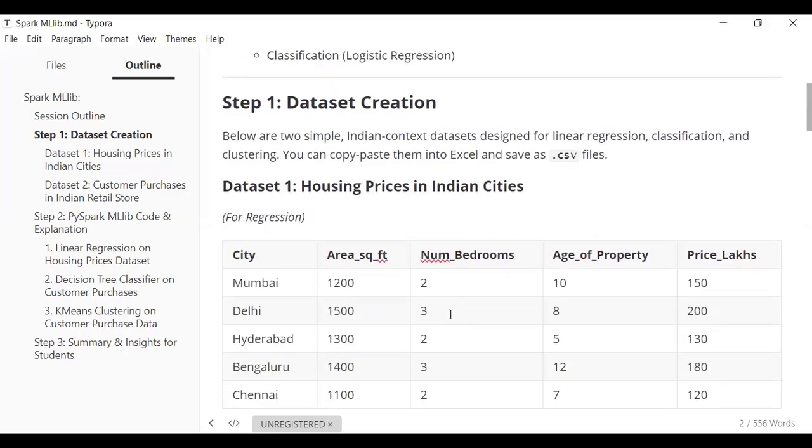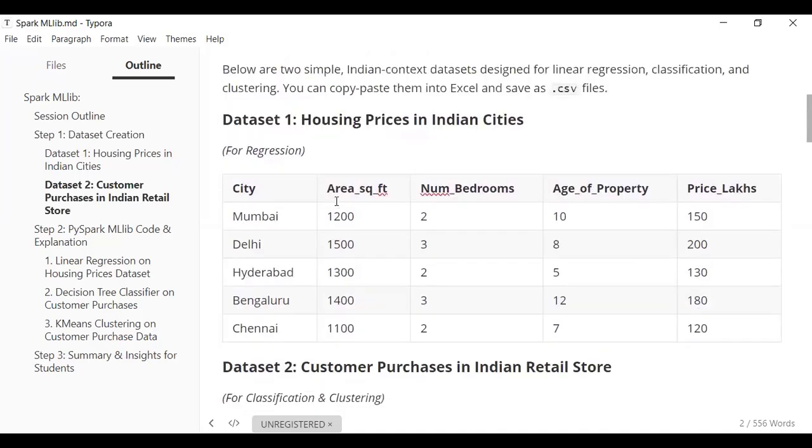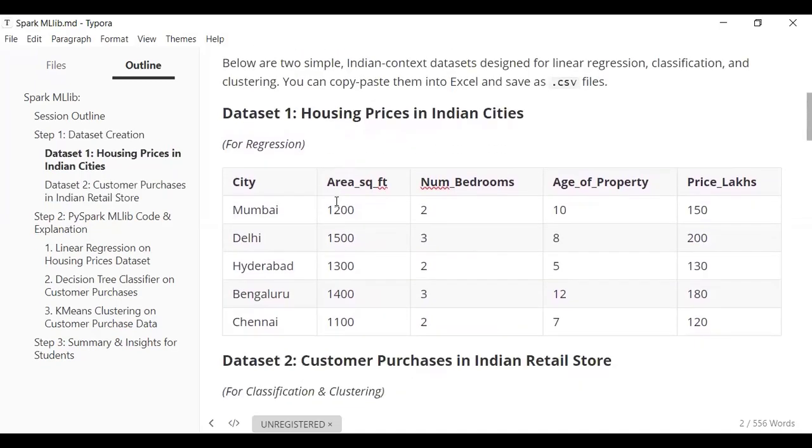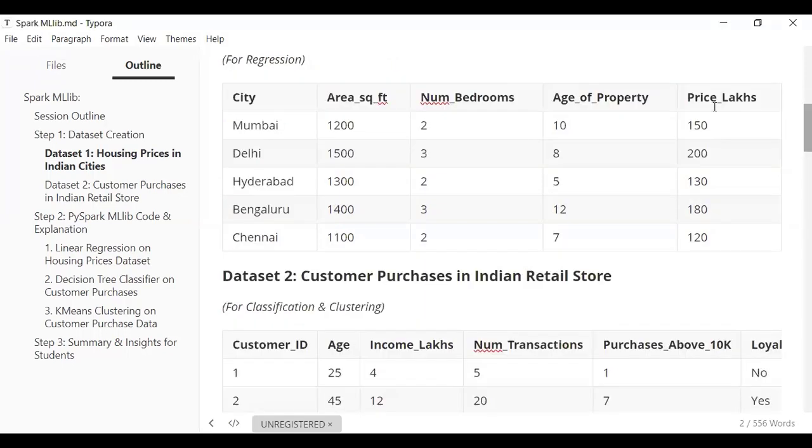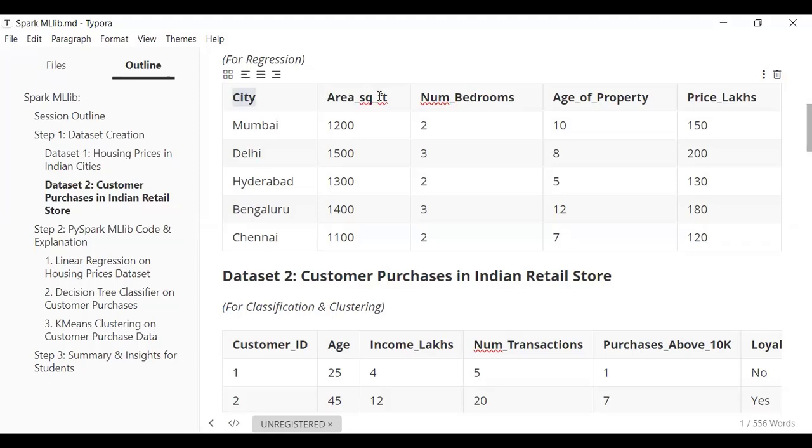First, it is providing a CSV file, right? This is house pricing for Indian cities. So what information does it hold? You can see here house prices for Indian cities. What we look at generally is the city and the house area in square feet.